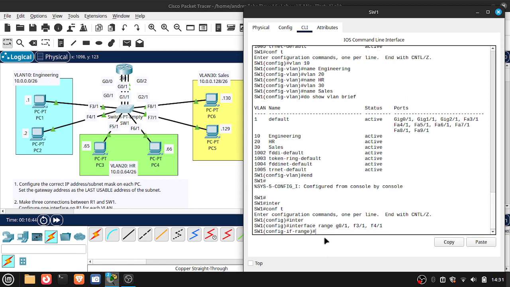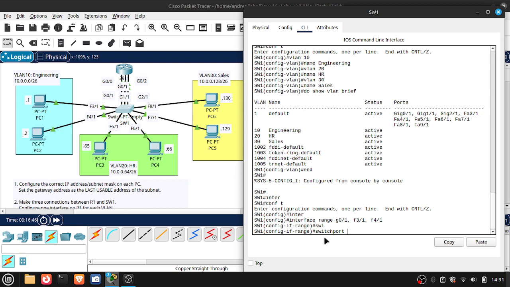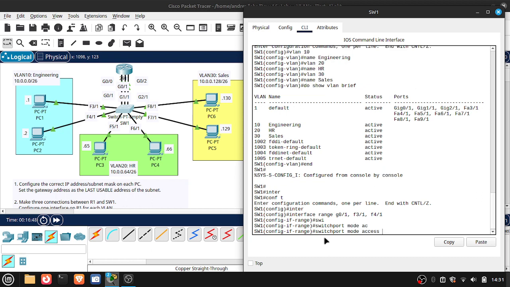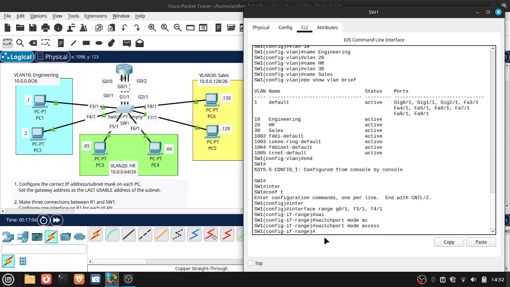Those are our 3 interfaces. Switchport mode access. That is going to be our mode for today, the only mode that we know currently.